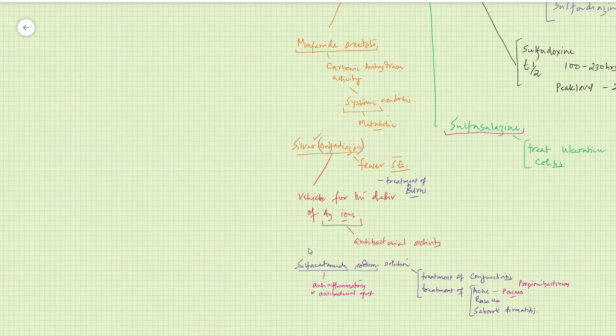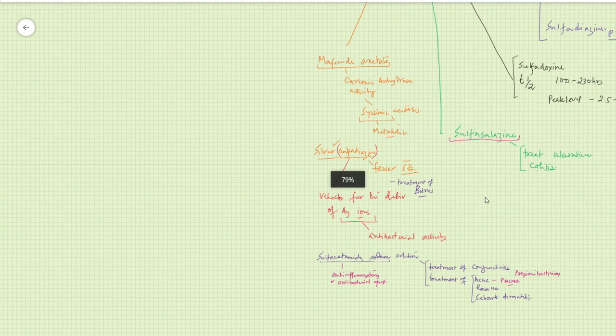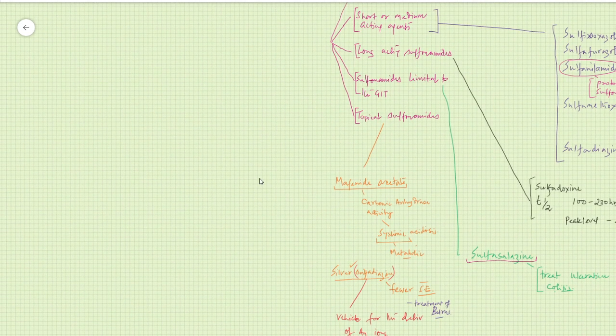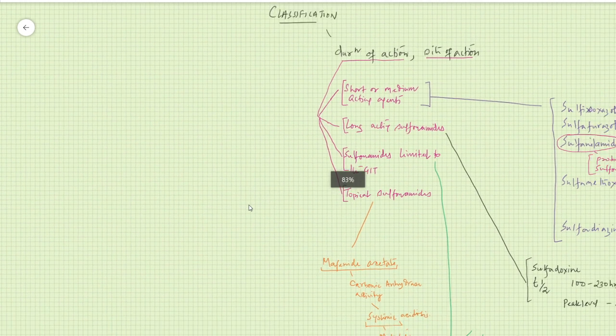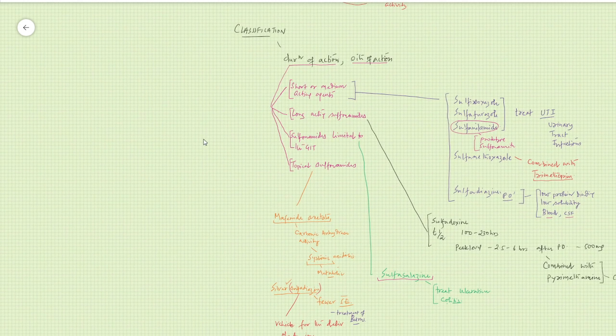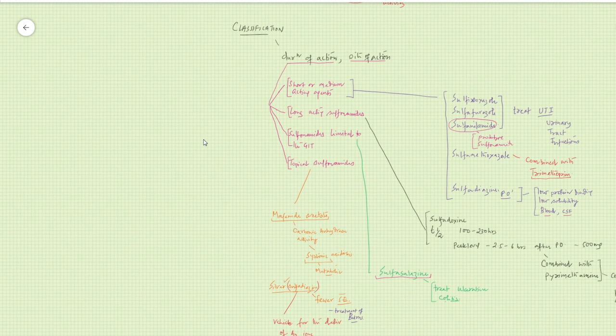Then there is sulfacetamide, which has anti-inflammatory and antibacterial activity, making it effective for conjunctivitis, acne, rosacea, and seborrheic dermatitis. So that is the classification of the drugs currently used which belong to this class of sulfonamides.